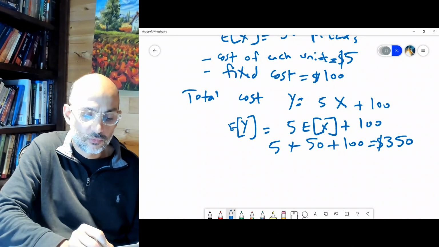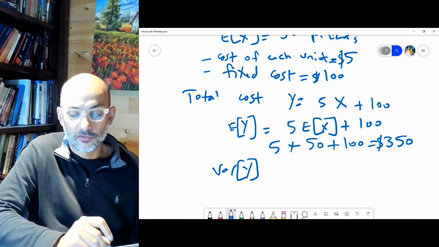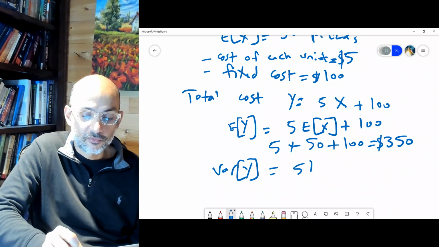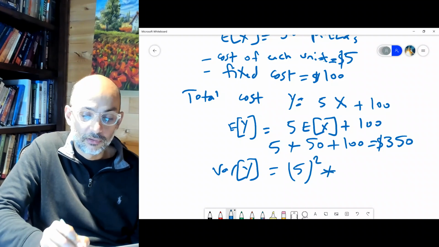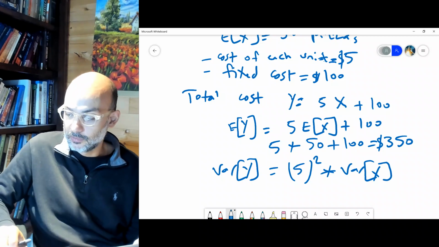Well, you might want to calculate the variance of Y, the variance of the cost. Now this becomes 5 squared multiplied by the variance of X, and this is according to the definition.